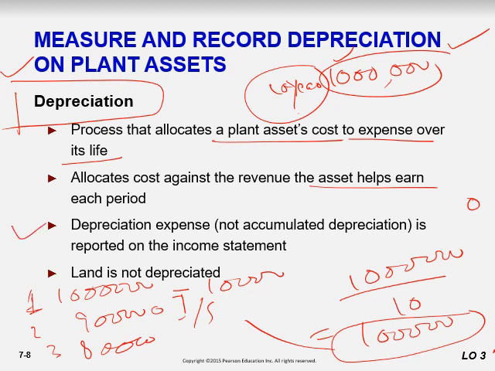So the depreciation expense is different from accumulated depreciation. Accumulated depreciation is a contra account of the assets, right?